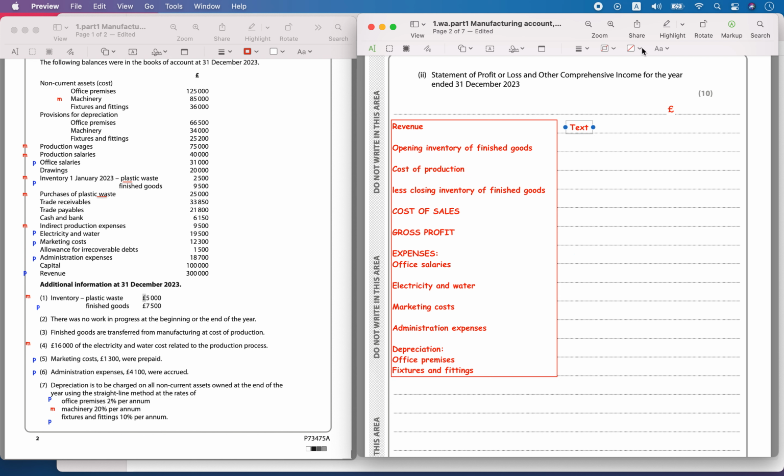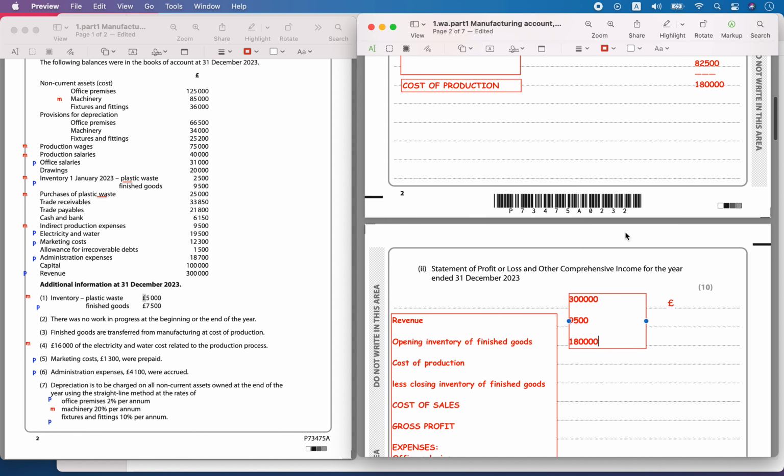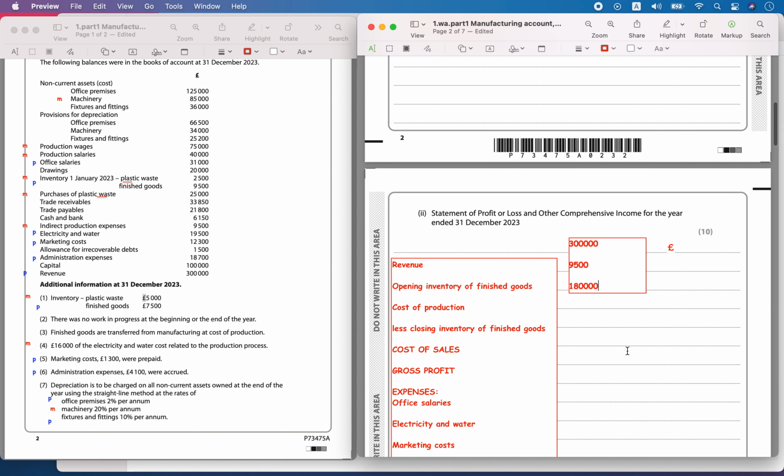So the first one is going to be the revenue. All are in pounds, so I just added that. Now let's calculate. First one is the revenue, which is around 300,000. Then you have opening inventory of finished goods, which is around 9,500. And then the cost of production was around 180,000, which was from the previous manufacturing account. And then you have less closing inventory of finished goods, which is 7,500.